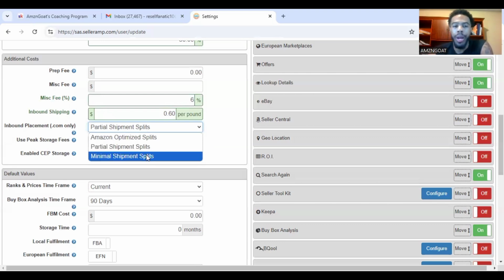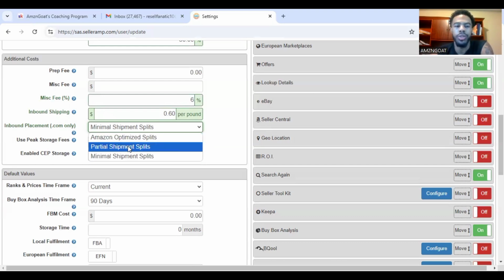When you have one box that you're shipping out, usually the only option that's going to pop up is minimal shipment splits. This is the most expensive way to ship FBA. So you want to have enough products to send that at least allows you to get the partial shipment splits option.